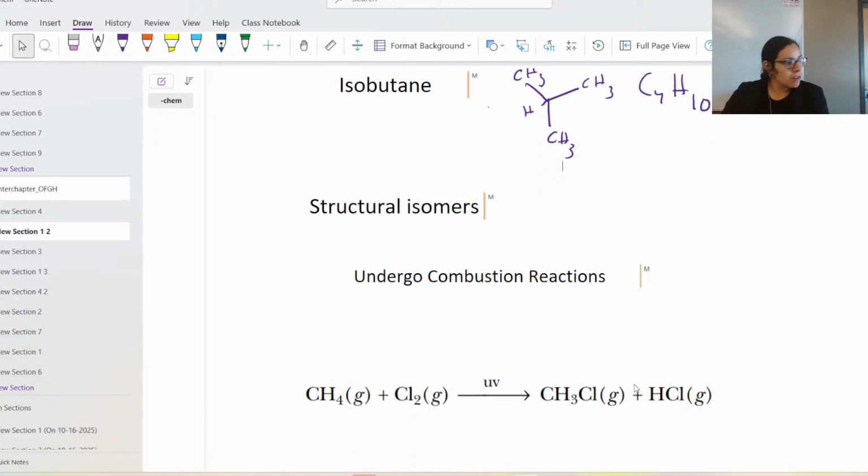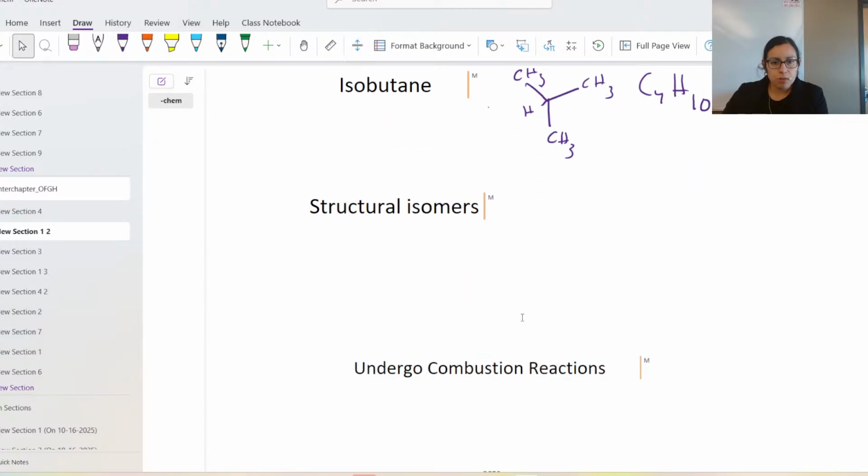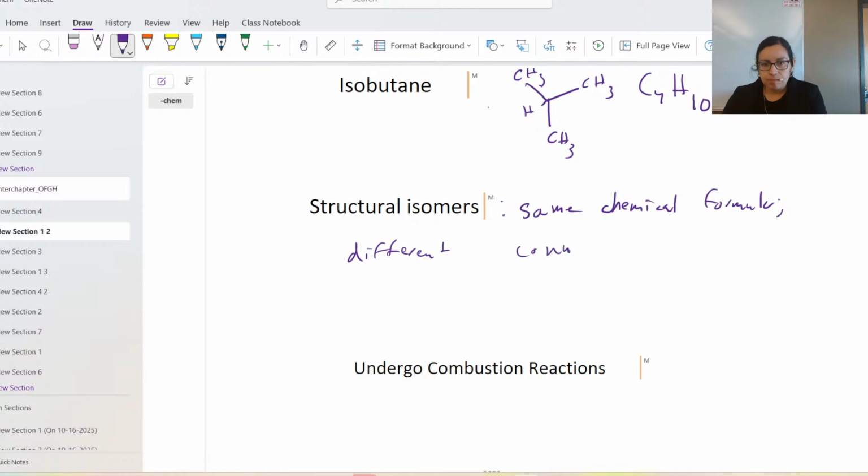And so then we start getting into at least our definition of structural isomers. And there are a lot of structural isomers in OCHEM, as you'll quickly discover. But it's anything with the same chemical formula but different connectivity.